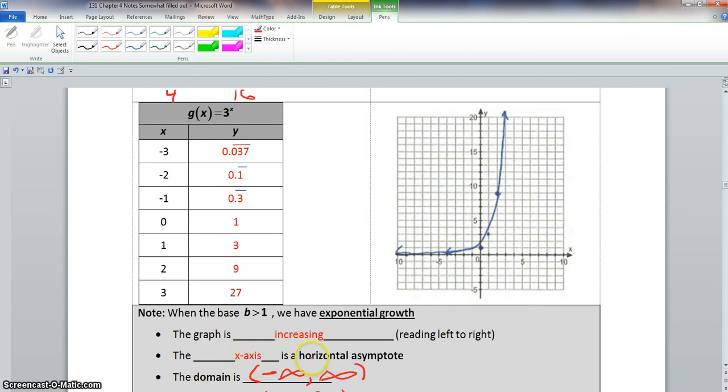It says the x-axis is a horizontal asymptote. Now, what the word asymptote means is that the graph approaches, but never touches, the x-axis.